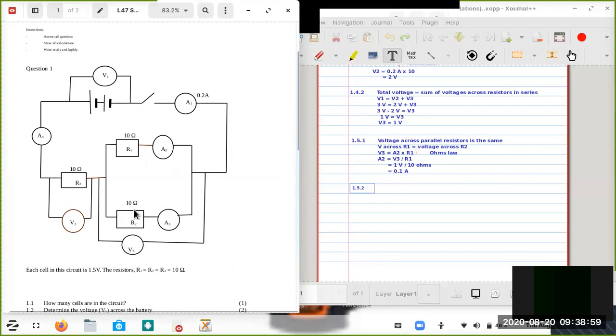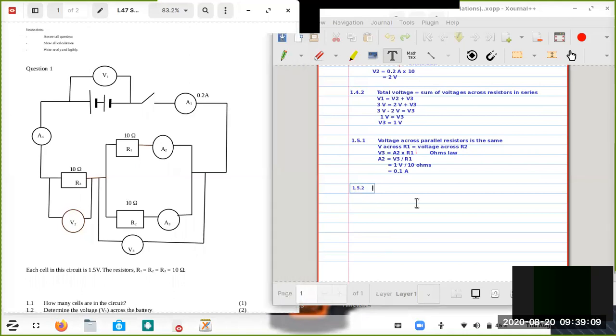So by Ohm's law, voltage number 3, that's V3, is equal to the current, which is A3, multiplied by the resistance of resistor number 2.